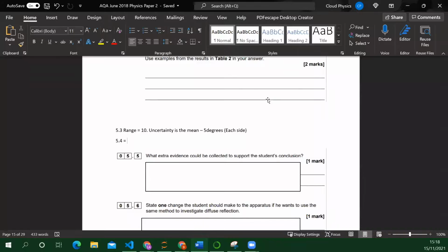So the angle of incidence is equal to the angle of reflection within experimental uncertainty for all results.